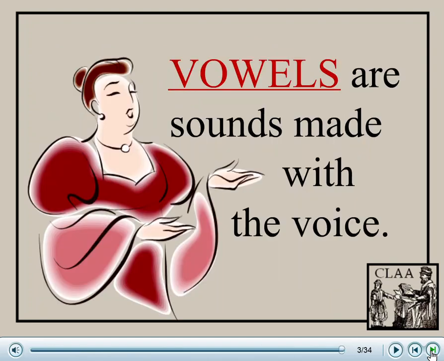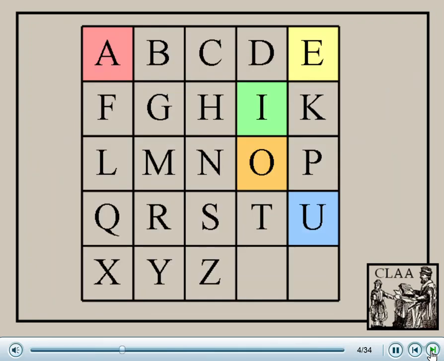We learned that vowels are sounds made with the voice and the voice alone. We learned that when we look at all the Latin letters, 5 of them are vowels.